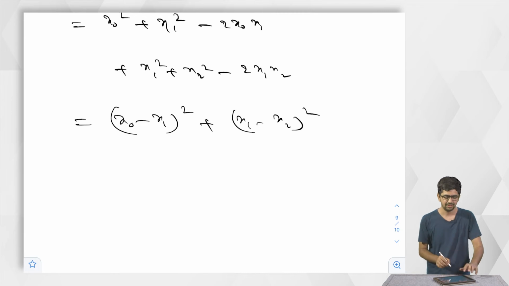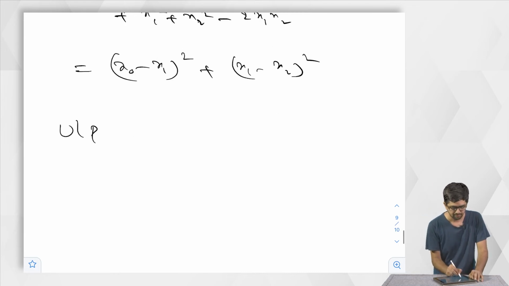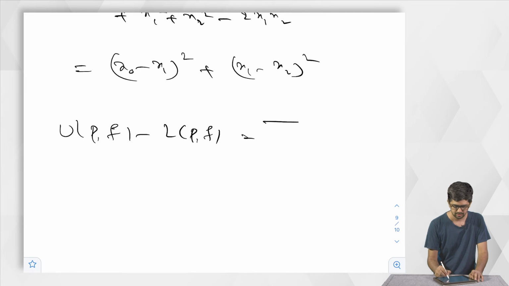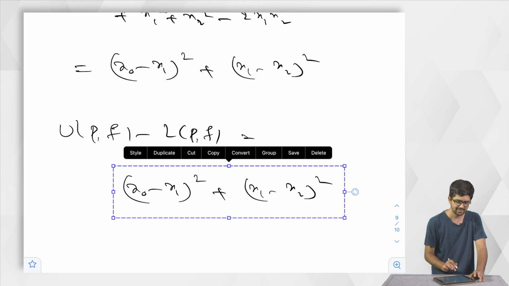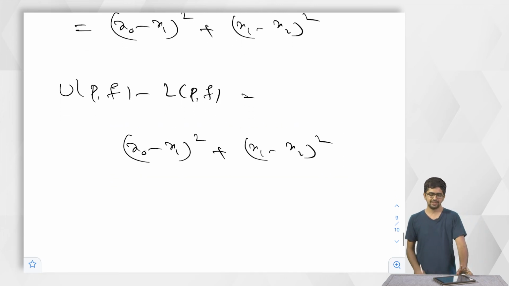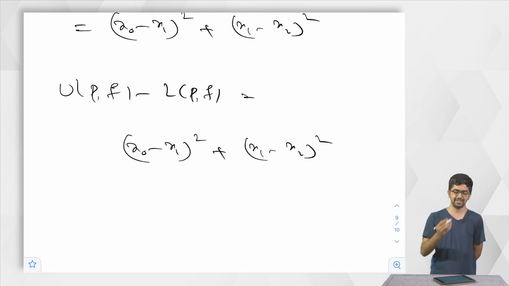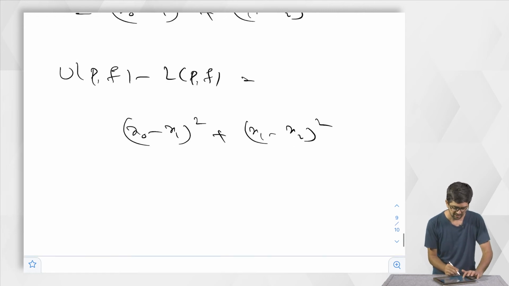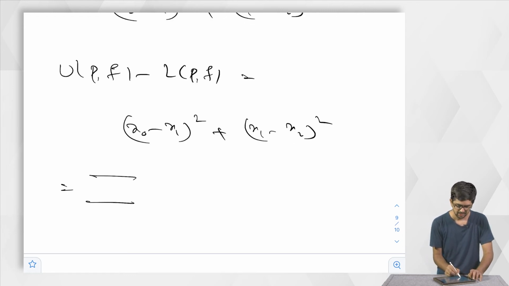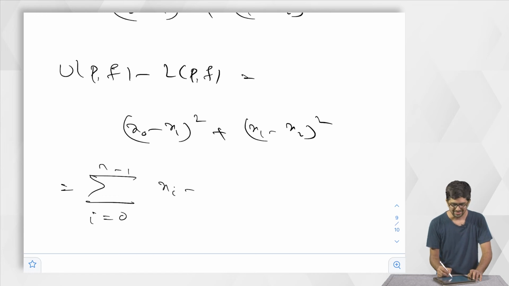So now what we have, UPF minus LPF is, maybe not necessary to write down, I will just copy paste this. It is just this. Now there is some pattern here. Suppose you take a partition with n elements, what we get is the following: summation i equal to 0 to n minus 1 of xi minus xi plus 1 whole square.